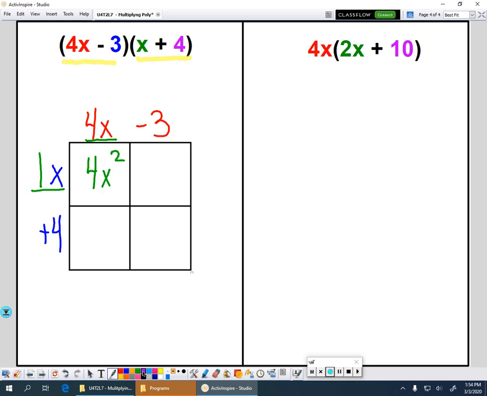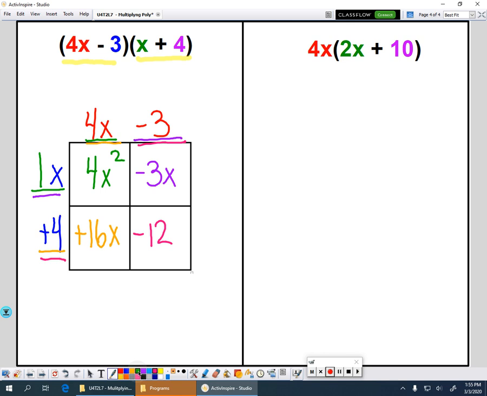Next, I'm going to multiply 1x times negative 3, which will give me a negative 3x. And then I'm going to multiply my 4 times 4x. 4 times 4 is 16. And I have my x on the end there. And finally, I'm going to multiply this 4 times this negative 3, which will give me a negative 12.